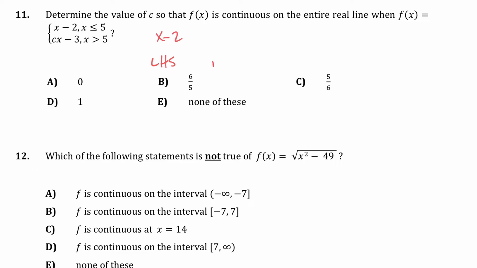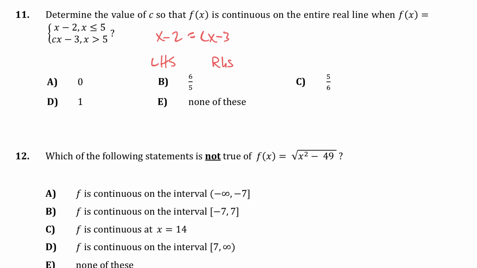And on our right-hand side, we have cx minus 3. And what is x? Well, x is that value. We're testing for it to be 5. We want it to be 5 coming from the left-hand side and from the right-hand side. So we want x to be 5.